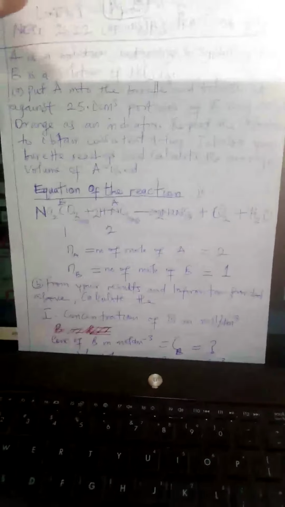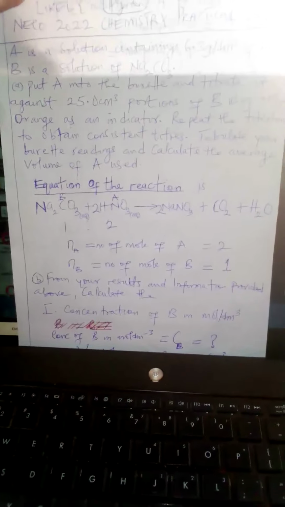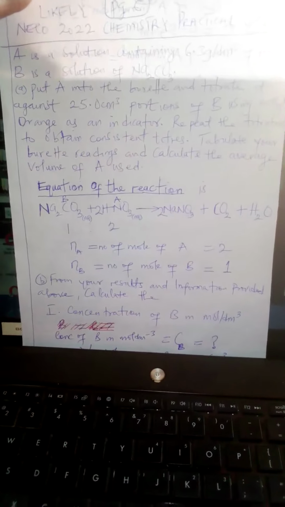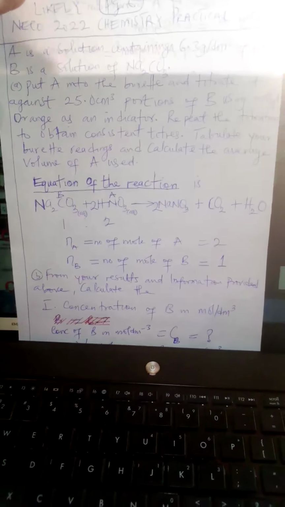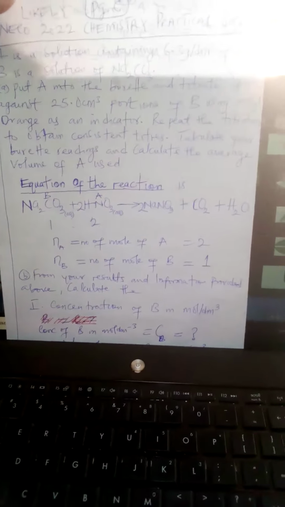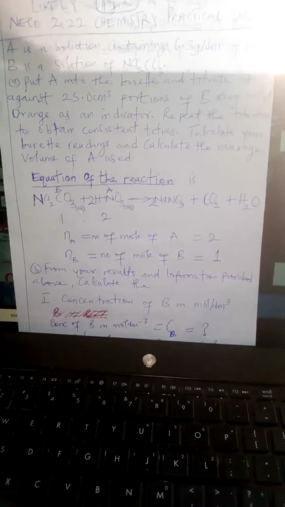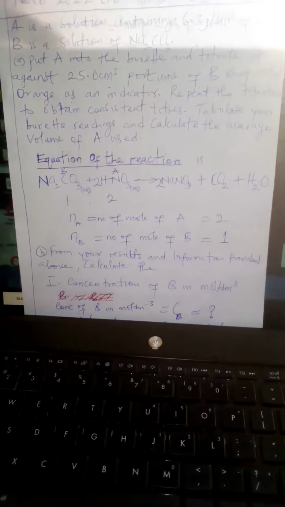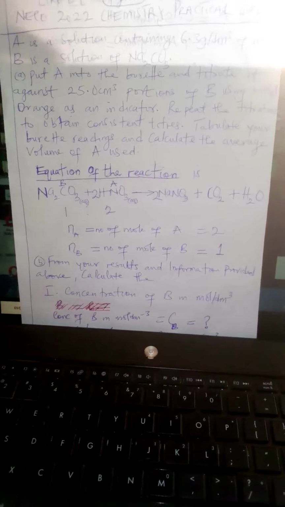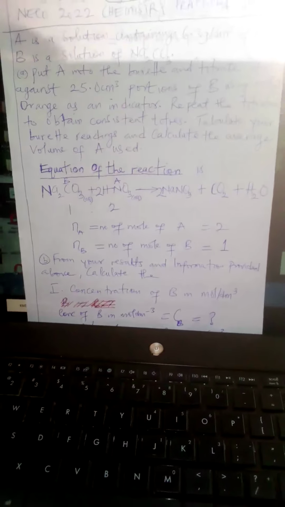You can see my equation of reaction clearly. B is the Na2CO3, A is HNO3, and you can see I've balanced the equation. So the number of mole of acid is 2 and the number of mole of base is 1. That is, number of mole of A is 2, number of mole of B is 1.